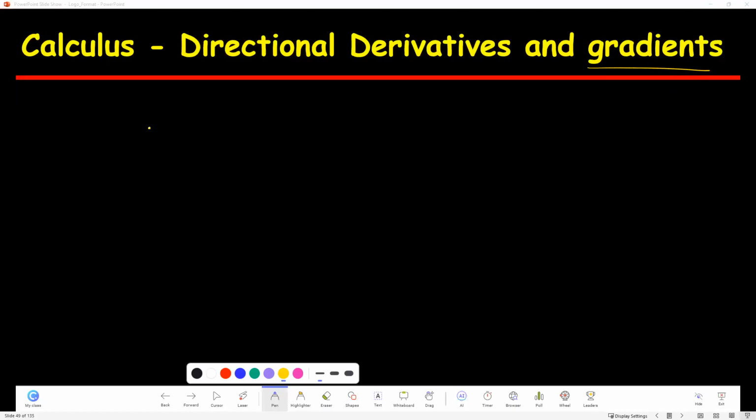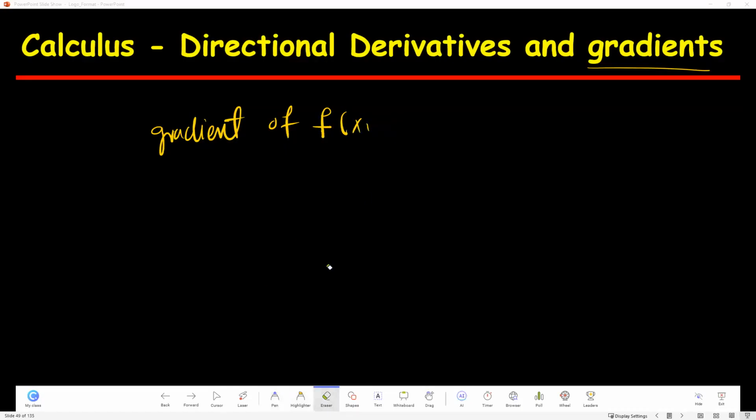When you do the gradient, you're going to be writing gradient of f. You have a three-dimensional function, so it means a complicated surface, and you're going to be writing like this.